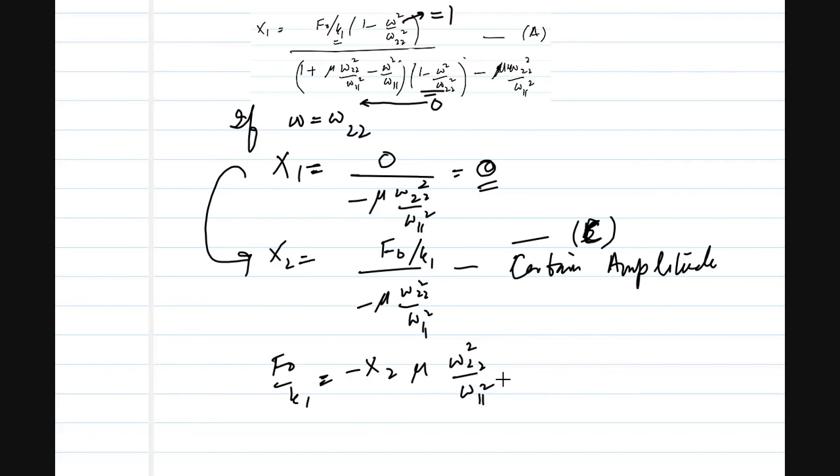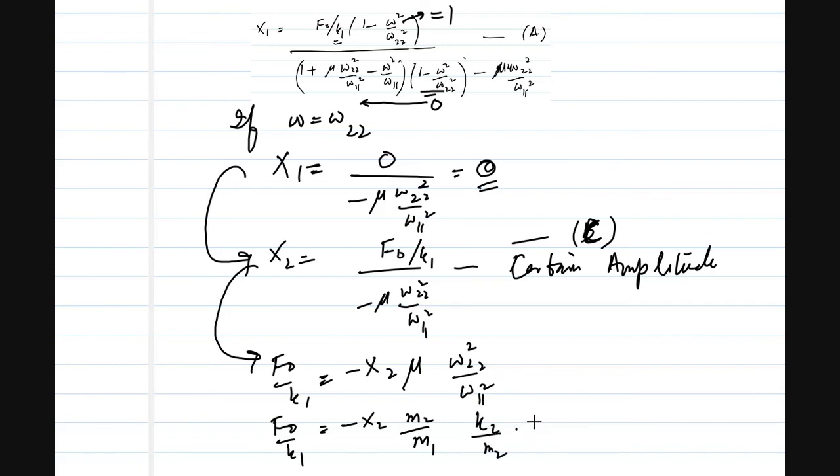I simplify just to understand how it absorbs the vibration, which is hidden under this equation. So f naught over k1 equals minus x2 times mu, which is nothing but m2 over m1, where omega 2 square is k2 over m2 and omega 1 square is k1 over m1.